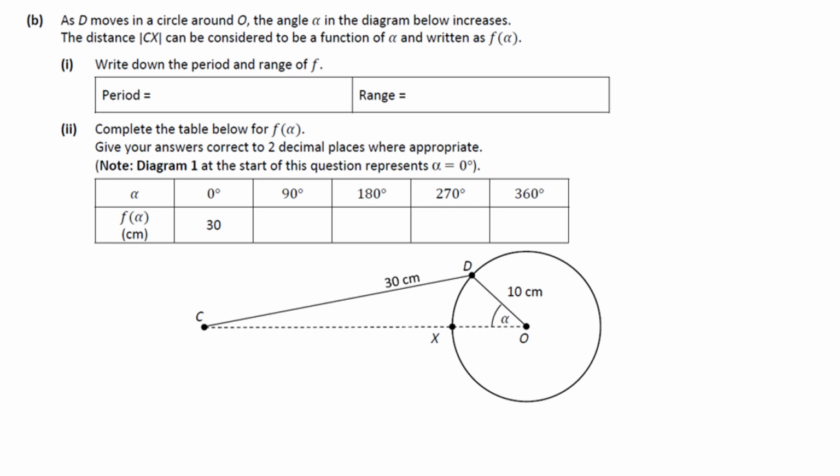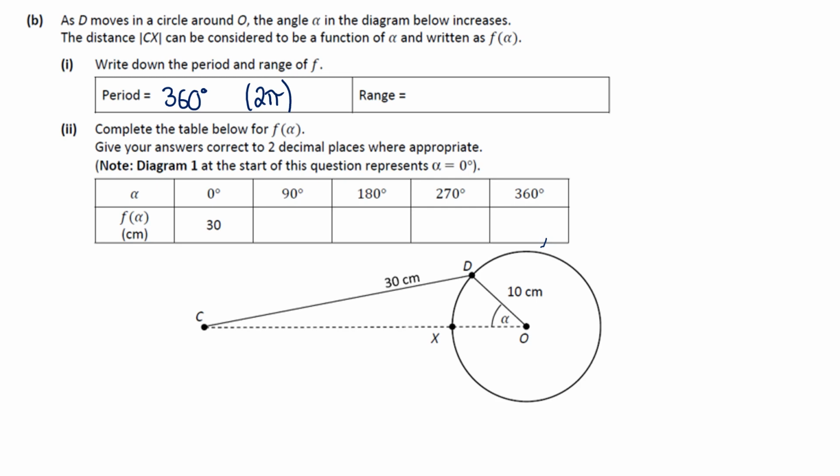If that is the case, write down the period and the range of the function. So the period is how long until it does a full rotation. So that's going to be 360 degrees, or if you prefer radians, it will be 2 pi. There's no specification of radians, however they did accept 2 pi. But realistically, the question is in degrees, so I wouldn't be using radians.